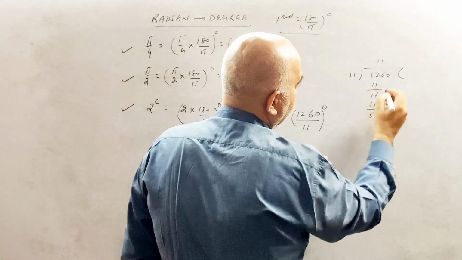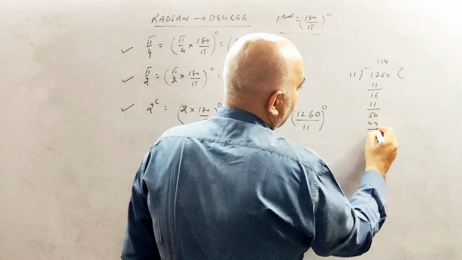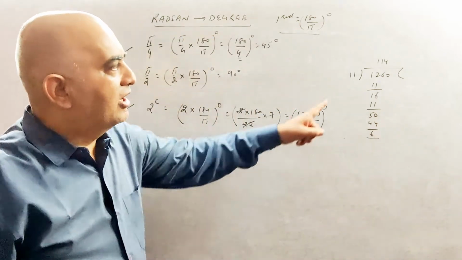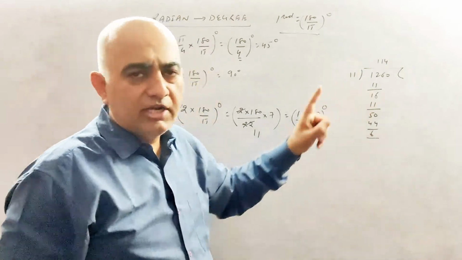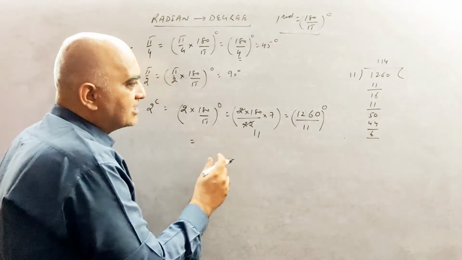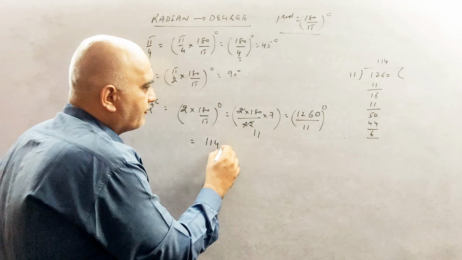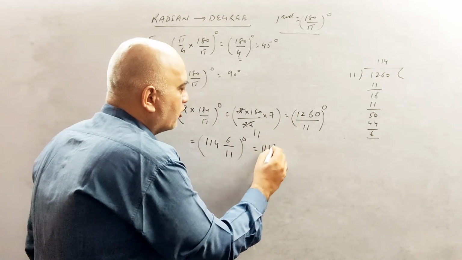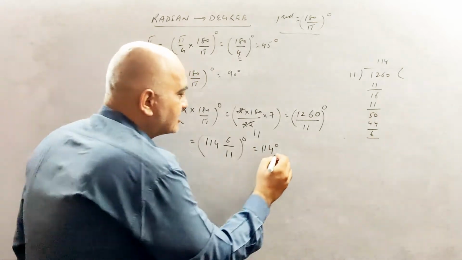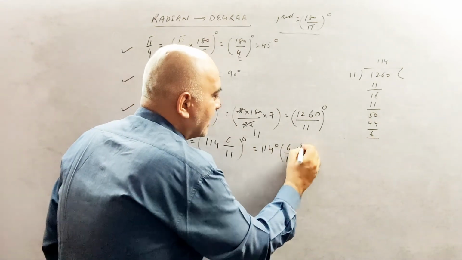We obtain 114 as the quotient, and this is our remainder, and this is the divisor. So we can take it as a mixed fraction, that is 114 and 6 upon 11 degrees. So 114 degrees are completed and 6 upon 11 degrees extra.